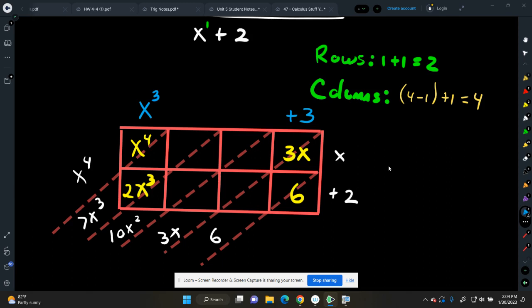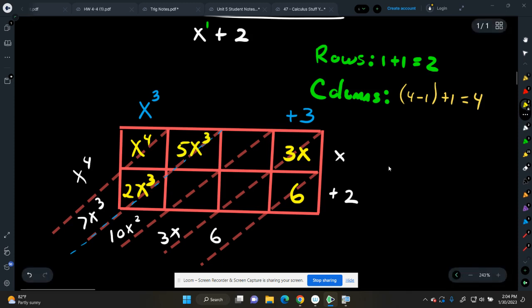If I look at this 2x to the 3rd diagonal, it goes all the way up here. The numbers on that diagonal, what do they have to add up to? 7x to the 3rd. I have 2, so what do I still need? I need 5. So there has to be a 5x to the 3rd right here.